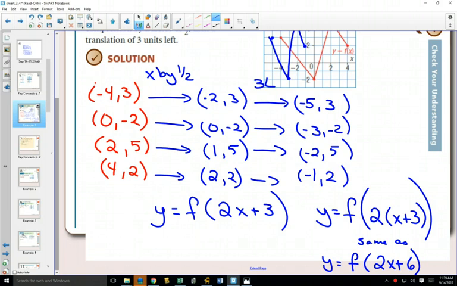And 2x plus 3 and 2x plus 6 are different. So because they're different, only one of these equations is right and one of them is wrong. I want you to think about which one you feel is right and which one you feel is wrong, and then we'll talk about that. You don't have to say which one you think is right.